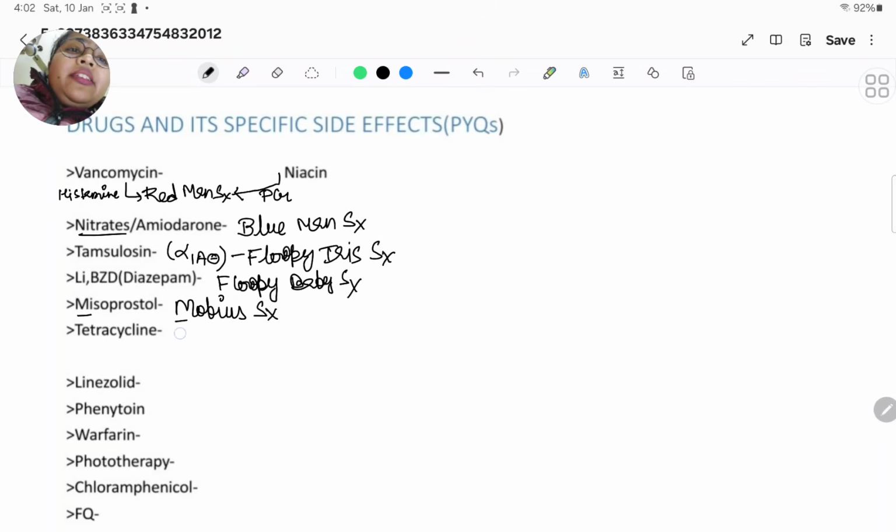Now tetracycline causes Fanconi syndrome. Here we are reading syndromes together, that is, which drug causes which syndrome. I am using this symbol for syndrome.